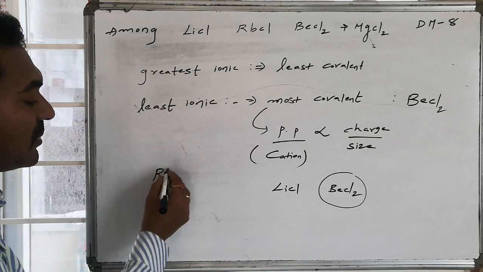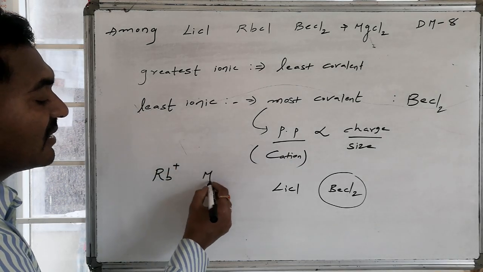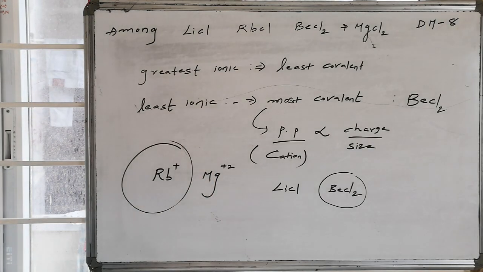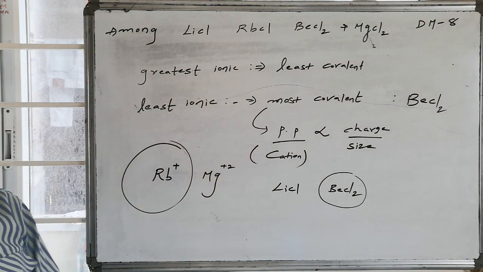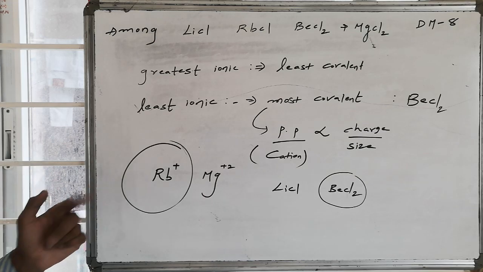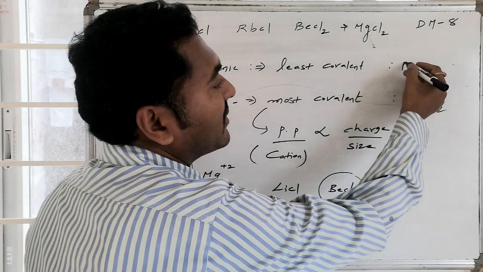Suppose if I write rubidium related charge is +1 and magnesium related charge is +2, the least charge is present for this, hence it has the least polarization power. Being least polarization power implies what? Least covalent implies what? Most ionic, that is rubidium chloride.